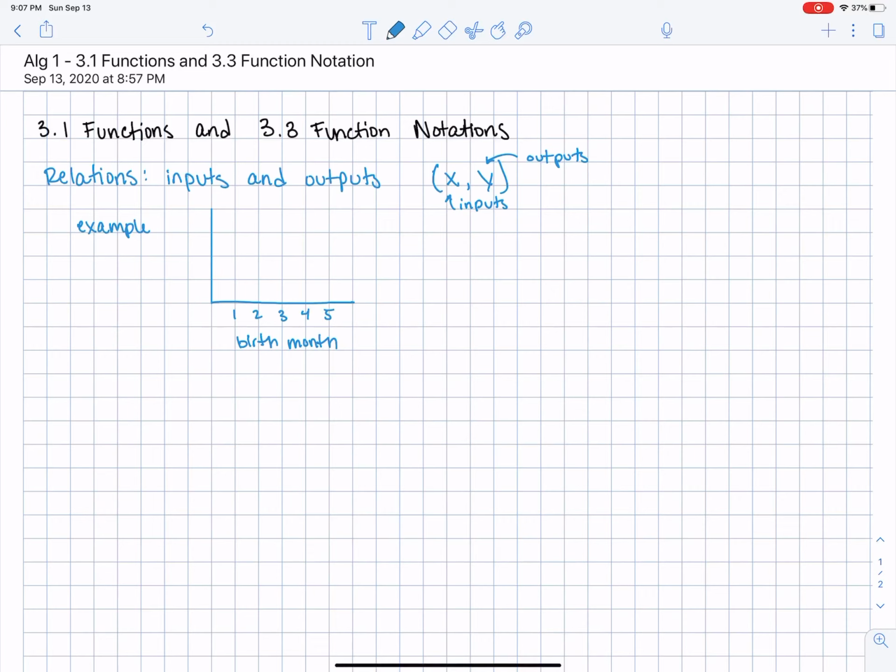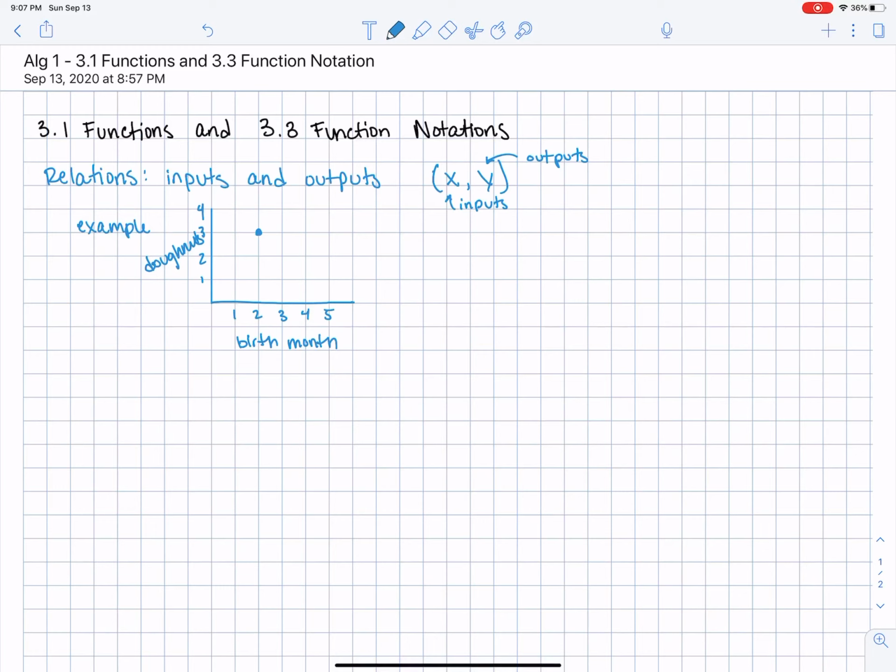And these are the donuts that you can eat. So the amount of donuts that you can eat. So 1, 2, 3, 4. So we're going to walk down the street a little bit, and we're going to run into somebody born in February. And we ask them, hey, how many donuts can you eat? And they say, I can eat 3 donuts. So they have an input of February and output of 3.